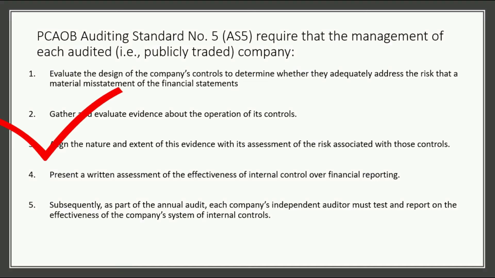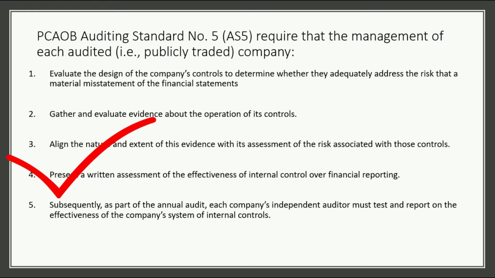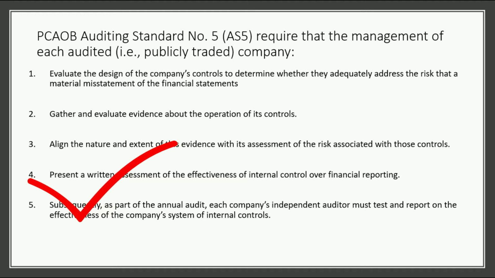Third, it also has the responsibility of aligning the nature and extent of evidence with the assessment of the risk associated with those controls. Fourth, it might present a written assessment of the effectiveness of internal controls over financial reporting. Fifth is, as part of the annual audit, the independent auditor must test and report on the effectiveness of the company's system of internal controls.